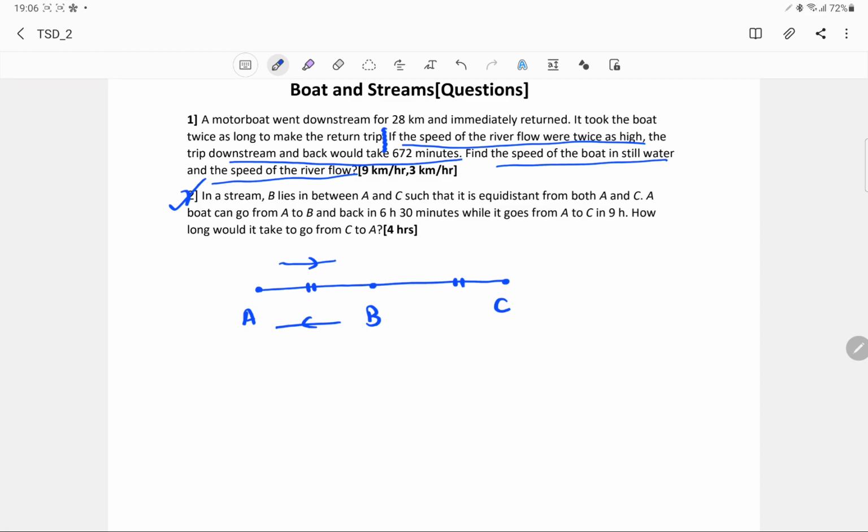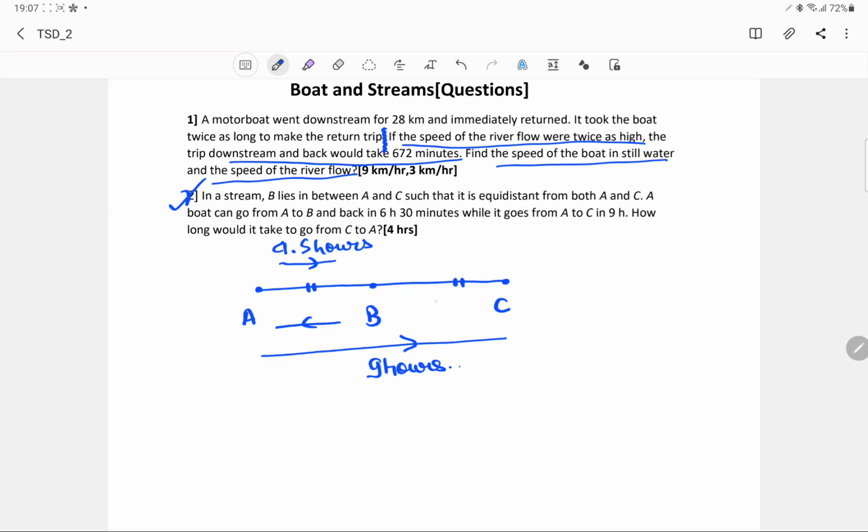So if it is traveling in this direction, it is taking 9 hours. So traveling from A to B would take 4.5 hours. It's obvious because nothing has changed. The speed of the boat and the river is the same, and it is just about the distance.